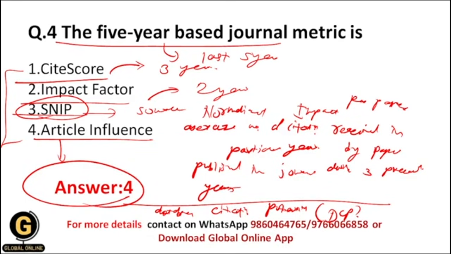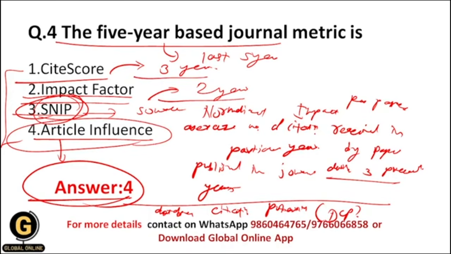If you see SNIP, it is relevant to the preceding 3 years, impact factor is for 2 years, and CiteScore is again for the preceding 3 years, so the remaining option is article influence, which is the 5-year based journal metric, and that's why your correct answer is 4.